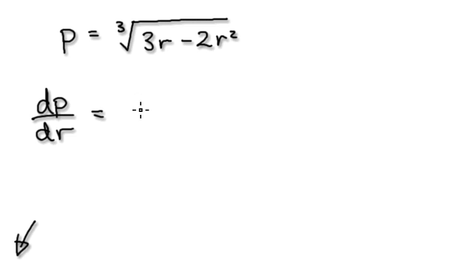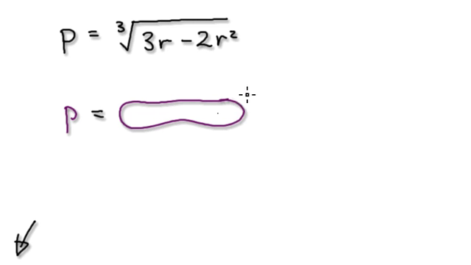Okay, the cube root of something means to the power of a third. So given this, in your mind, visualize it as p equals the bubble to the power of a third. By the way, the bubble is actually 3r minus 2r squared.